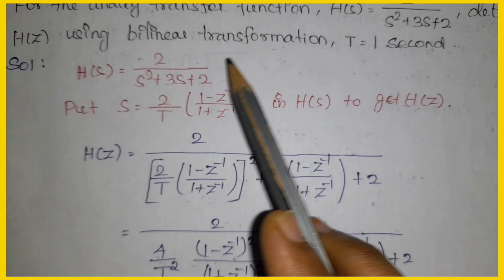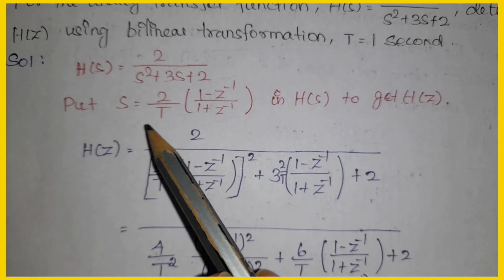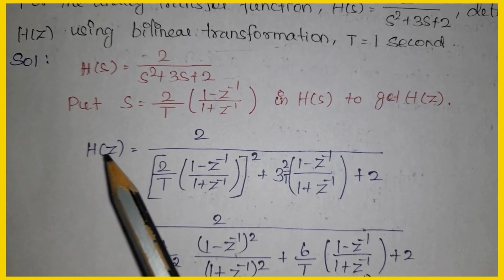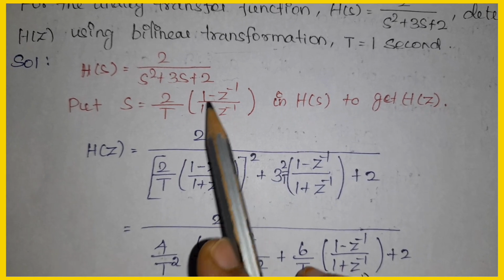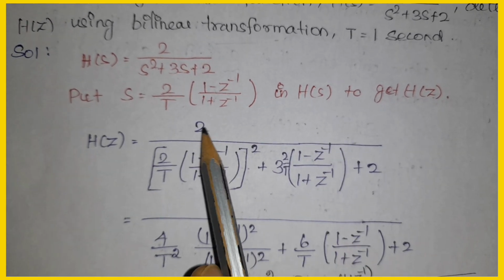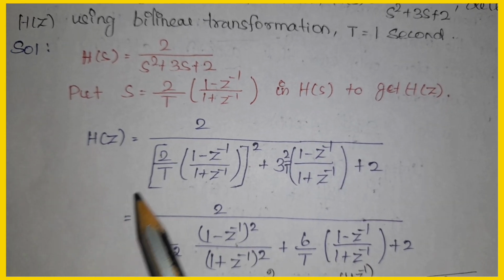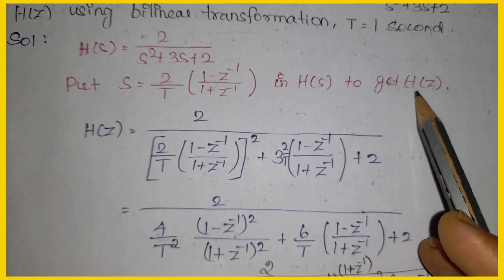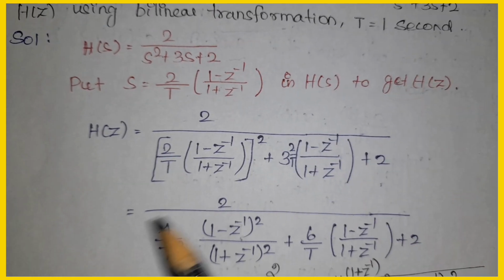So what is meant by bilinear transformation அப்படிங்கிறது நம்ம previous stepsல பார்த்திருக்கோம். So put s equal to 2 divided by T (1 minus z power minus 1) divided by (1 plus z power minus 1) in H(s) to get H(z).